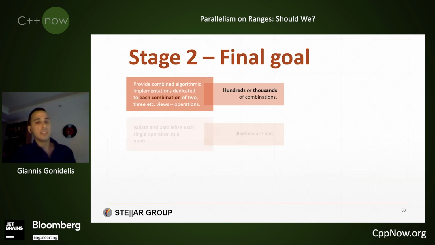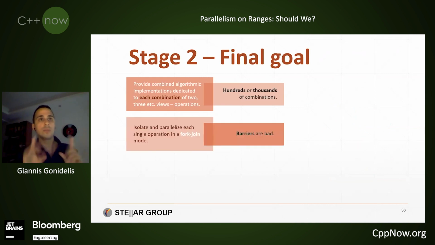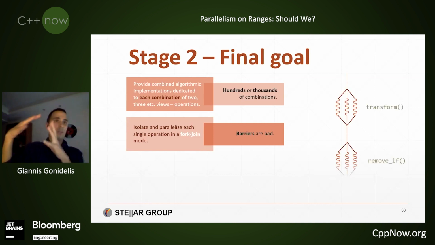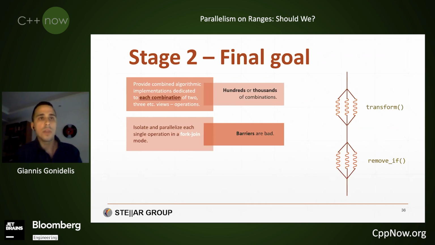The second idea was that we could actually utilize the classic fork join parallel that I previously talked to you about. So again, on the classic transform remove if example I keep talking about, you would just parallelize your transform in a fork join mode, and then wait for it to complete, and you would parallelize your remove if, port your sequence to wherever you want to port it, parallelize your algorithm.